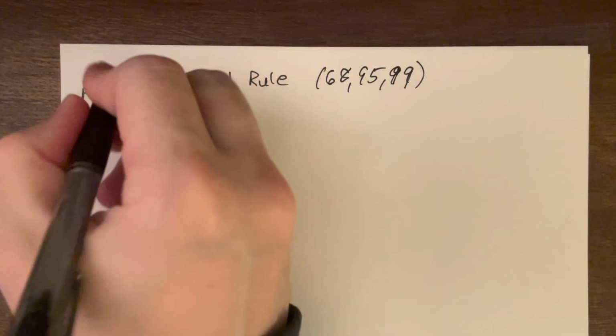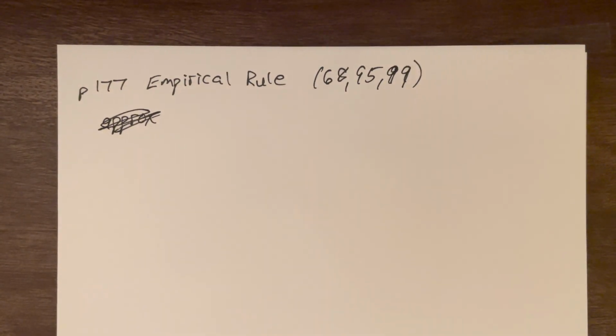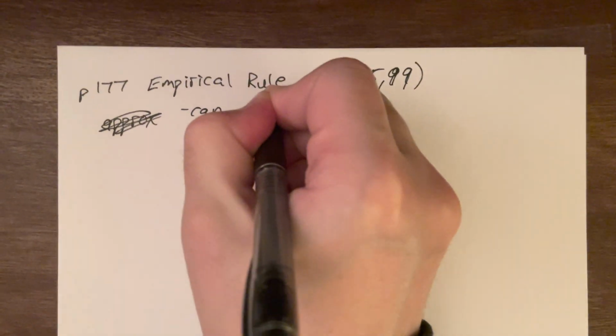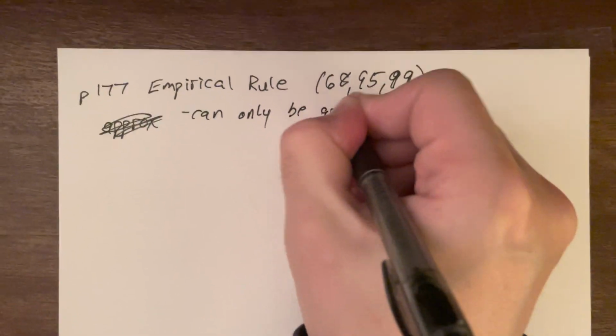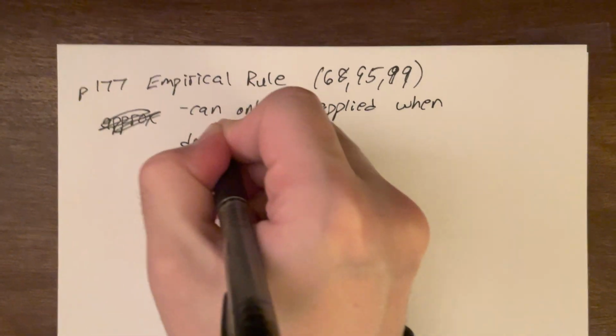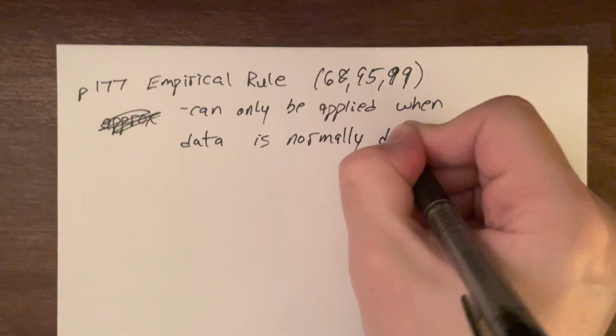Because of the way this works, the first, and this is the most important caveat, the empirical rule can only be applied when our data is normally distributed.